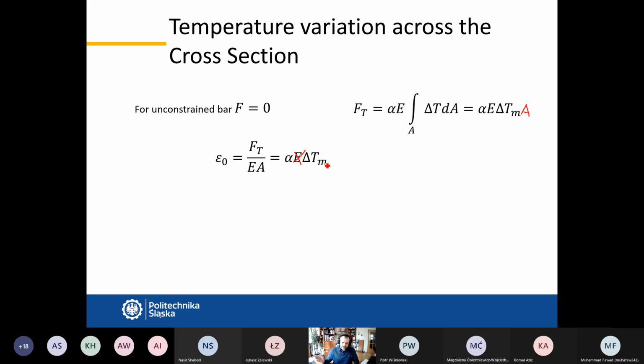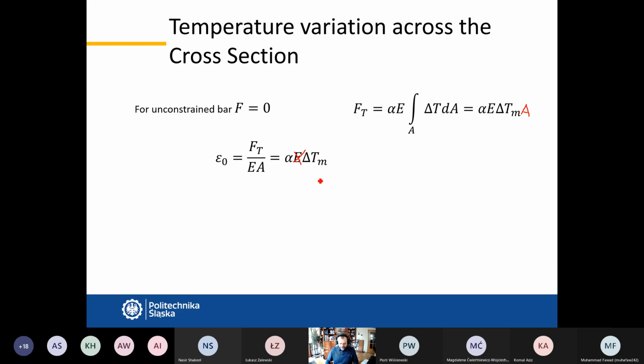And of course, for a general system uniformly heated or cooled, the formula is exactly the same. So epsilon is alpha delta T, but if uniform, there's only one delta T equal everywhere.